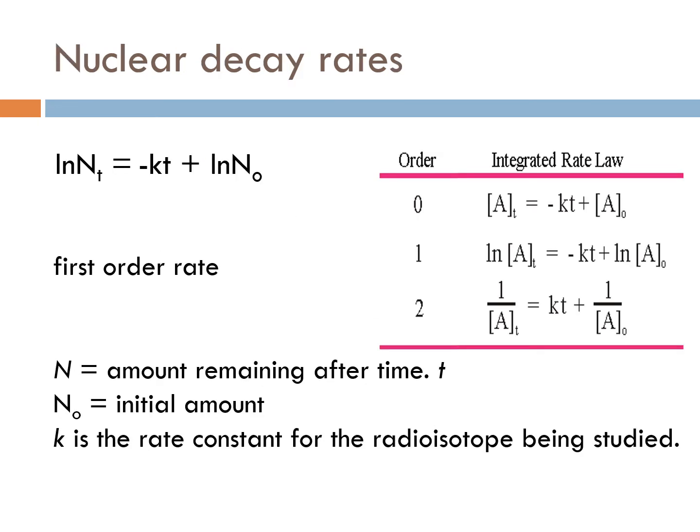The second type of problem that you can get about nuclear reactions is calculation of the amount left after a certain number of hours or seconds for a radioactive isotope. But we have solved those types of problems in the kinetics unit, so you know already how to do those.